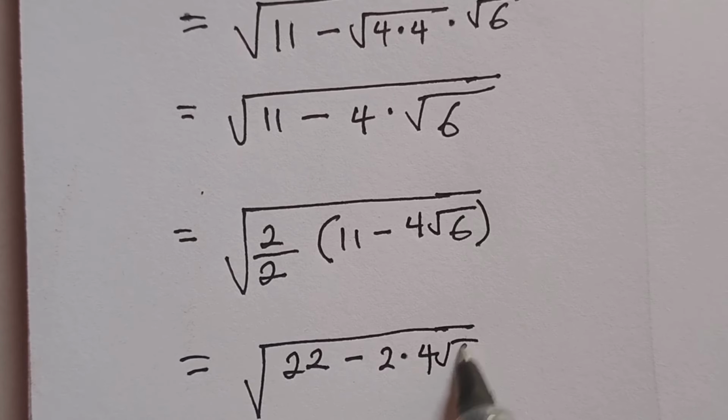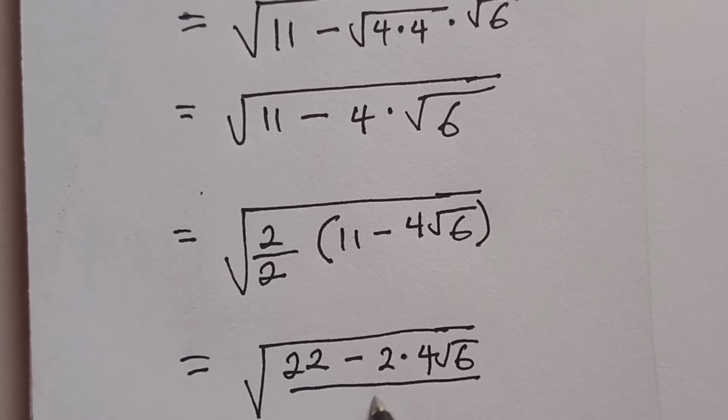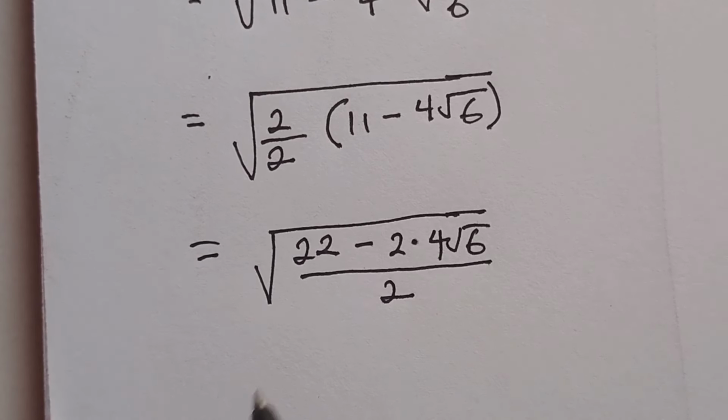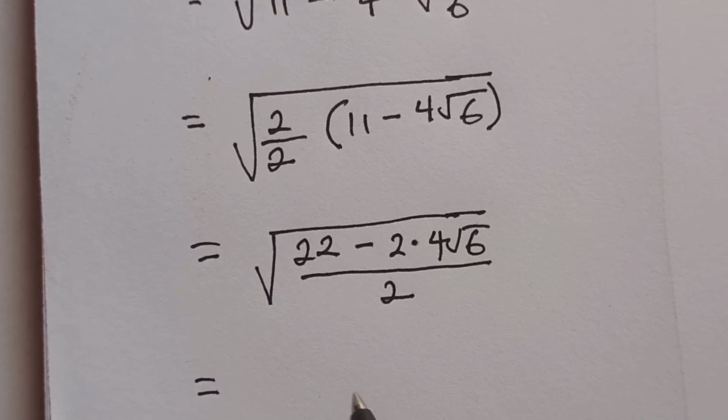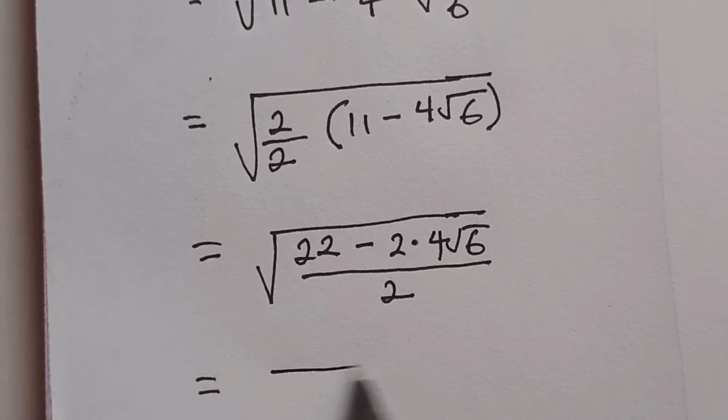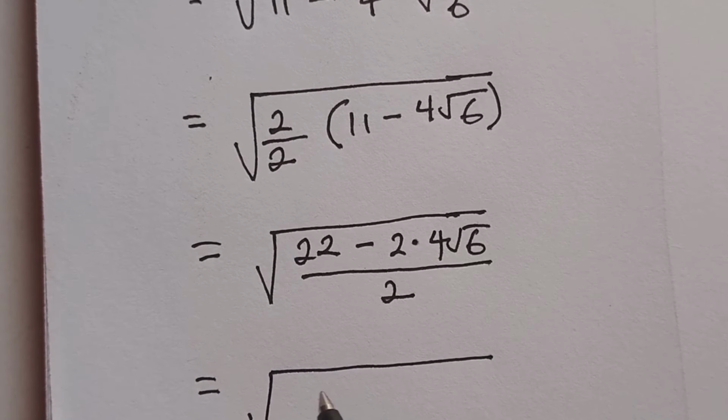Therefore, I had 2 divided by 2 into bracket 11 minus 4 square root of 6. So that will give me square root of 22 minus 2 times 4 square root of 6 divided by 2. I've used the 2 beside the numerator to open the bracket.